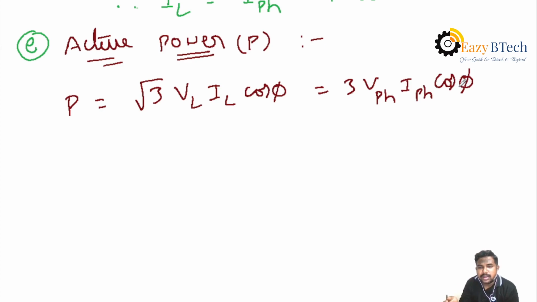In the star connected system, VL equal to root 3 VPH. From that, VPH equal to VL by root 3. Then the root 3 will cancel. Again, root 3 VL, IPH equal to IL. Both are equal. That's why root 3 VL IL cos phi. Both formulas are the same. One is in the form of line values, another formula is in the form of phase values.